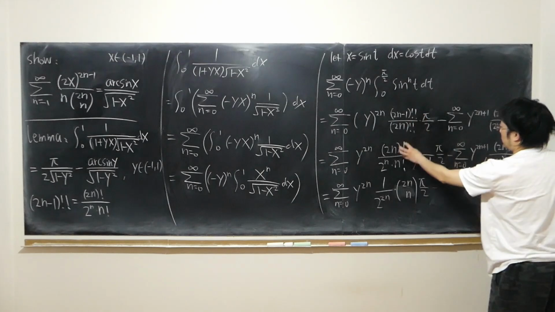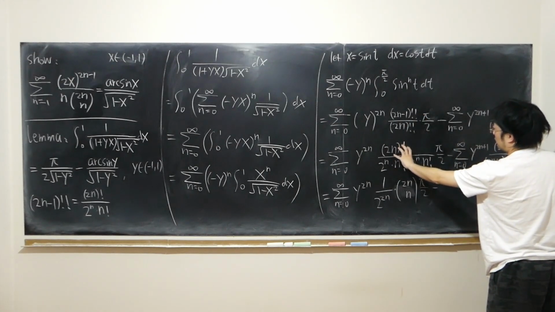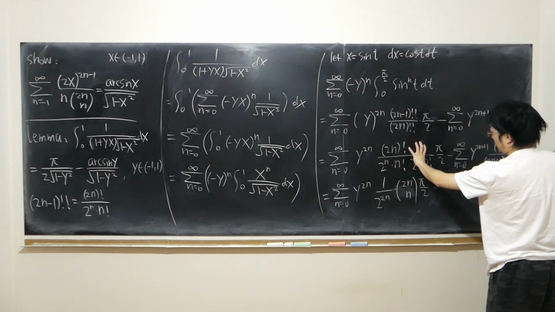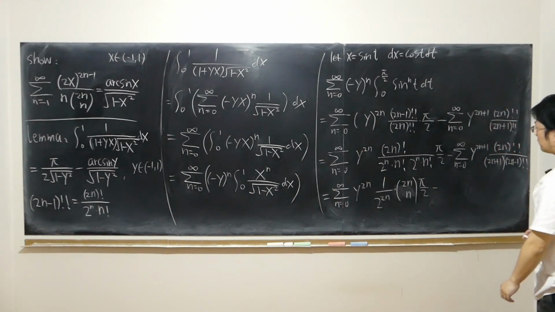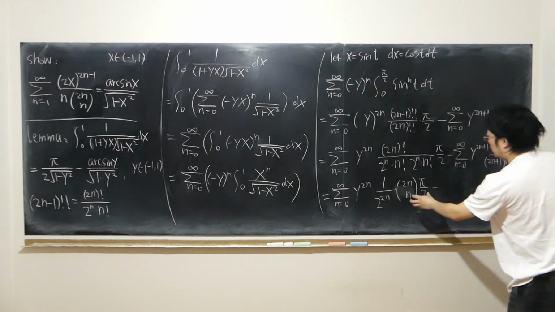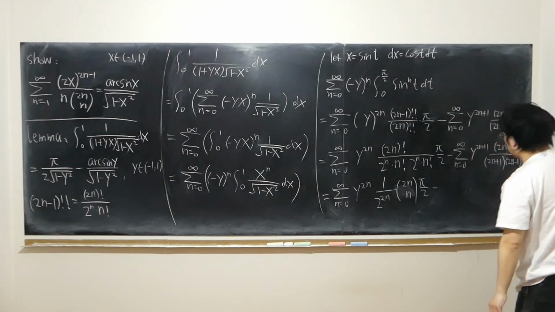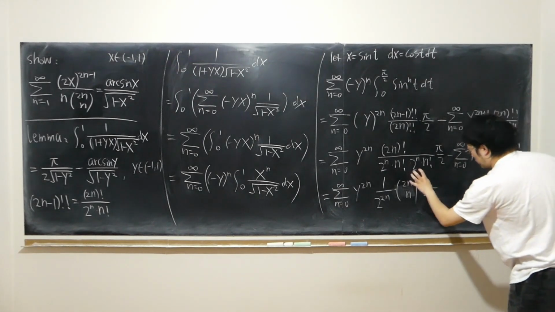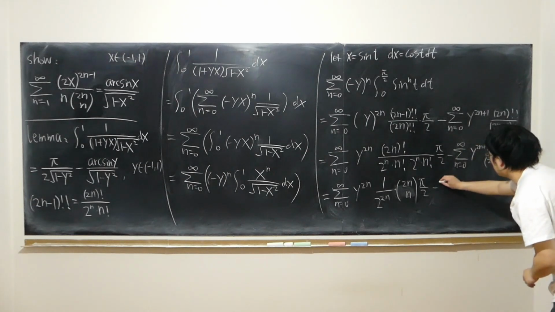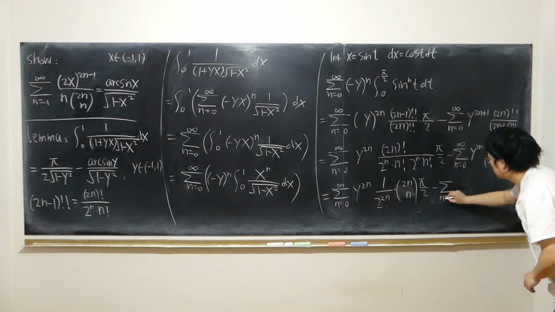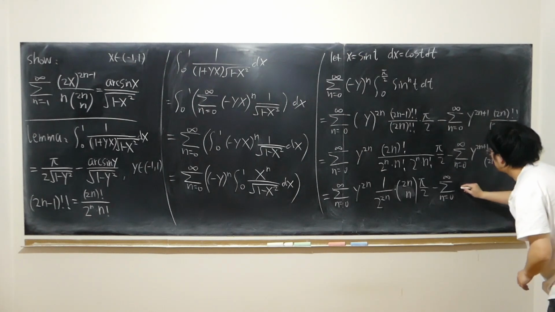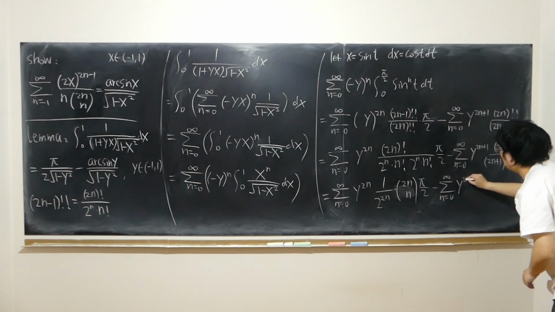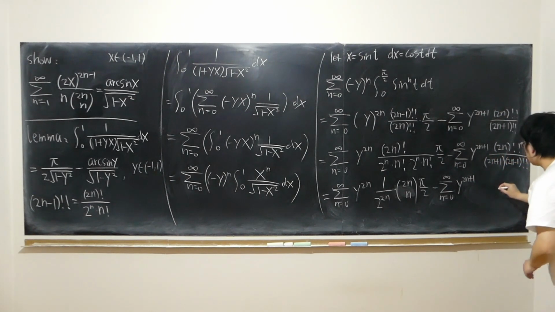But this can be written as that. In other words, it can be written like this. So all we have to do is to replace this with the reciprocal of that. The sum from 0 to, y, 2n plus 1.